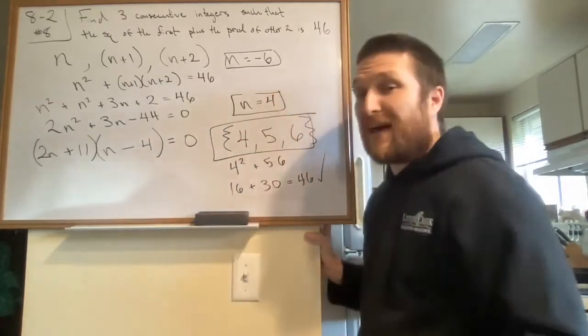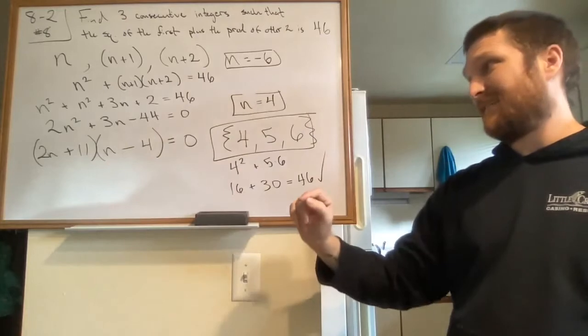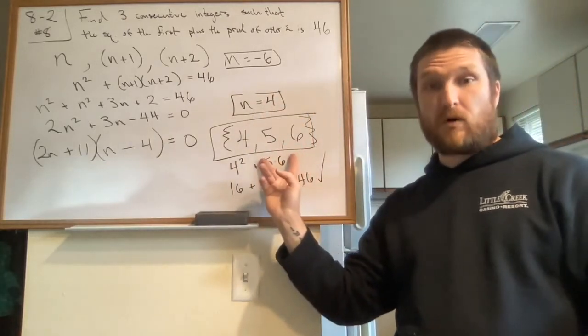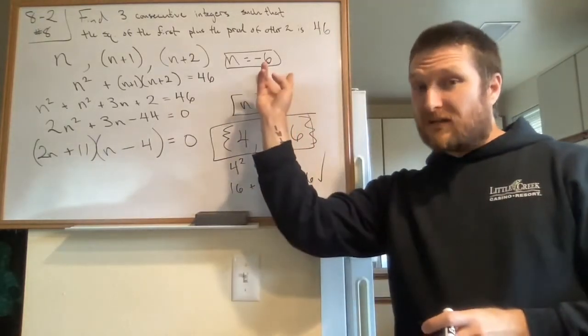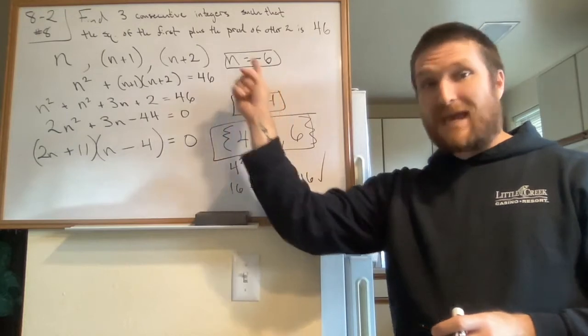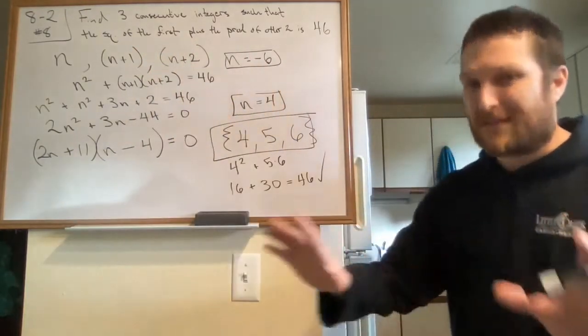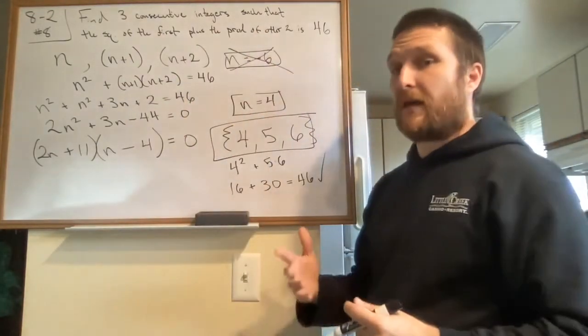But if they say find all sets of integers, and you ended up with something like this, then you would not be done. You'd have to say, well, here's the first set of 3 consecutive integers that work, and another set that works would be, in this case, minus 6, minus 5, minus 4. Of course, that's not the case here. Just thought it would be a good opportunity to bring that up.